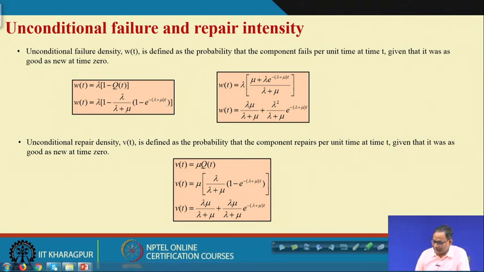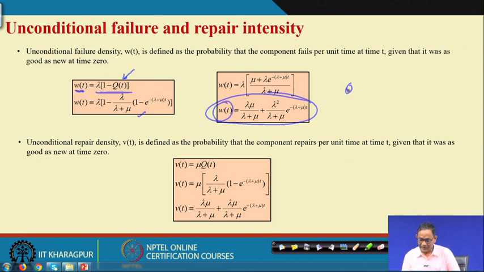So, we have written there that W t is the unconditional failure intensity, which is lambda into availability. Now, availability is 1 minus q t. So, already we have identified the value of q t. So, you put here the value of q t, and finally, you are getting this is your unconditional failure intensity equation. Okay.